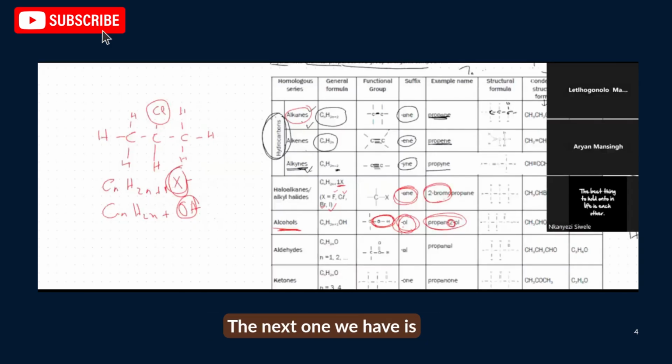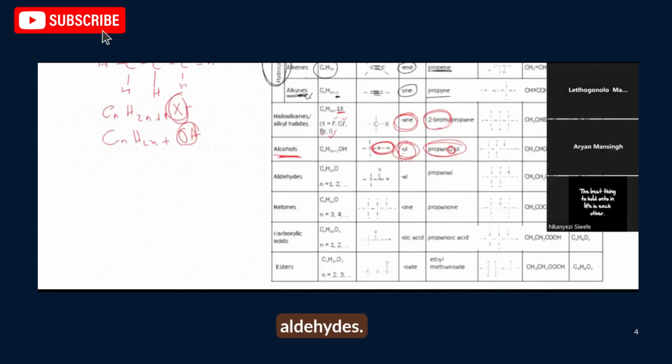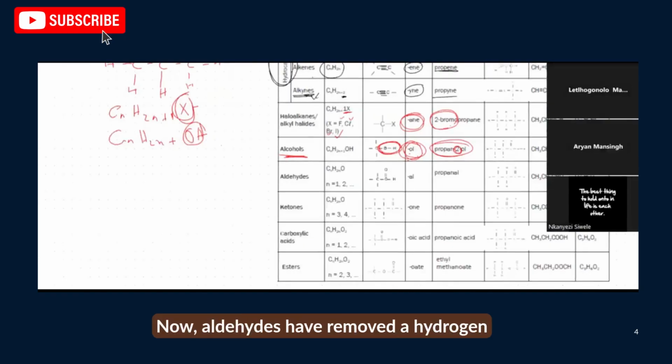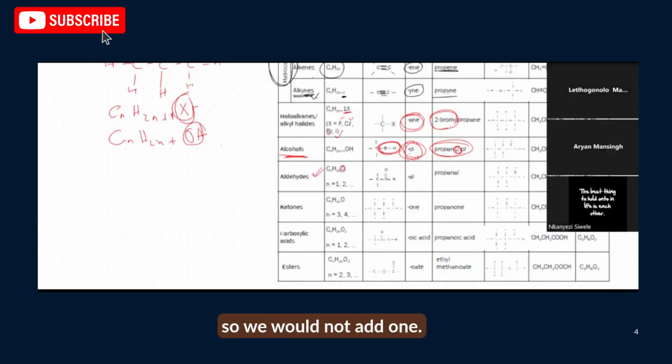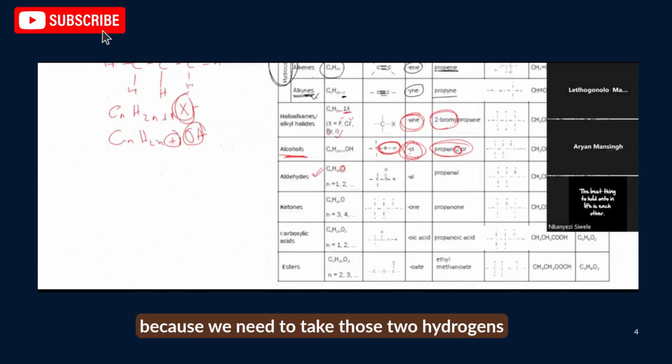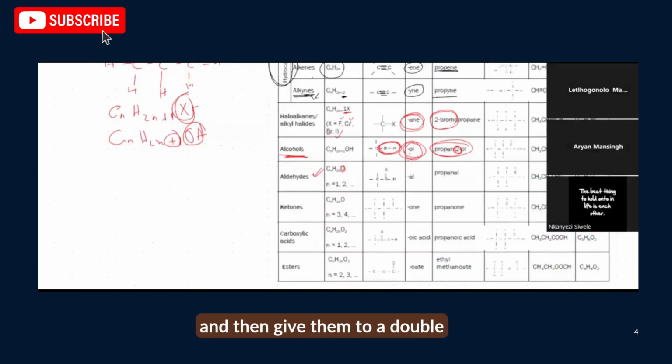The next one we have is aldehydes. Now, aldehydes have removed a hydrogen so that they can substitute in an oxygen. Now, because an oxygen requires a double bond, we would not add one, we would add nothing, because we need to take those two hydrogens and then give them to a double bond with oxygen.